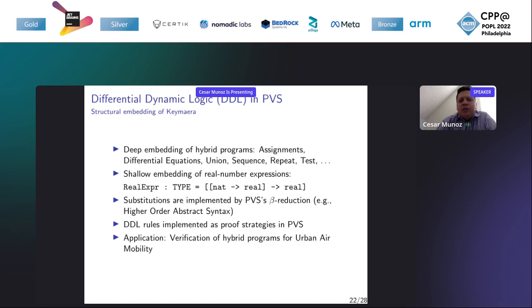The substitution, for example, as you read in the papers about DDL, the substitution operation is quite important in the semantics of DDL. Well, that substitution in PBS is implemented by beta reduction using higher order abstract syntax.